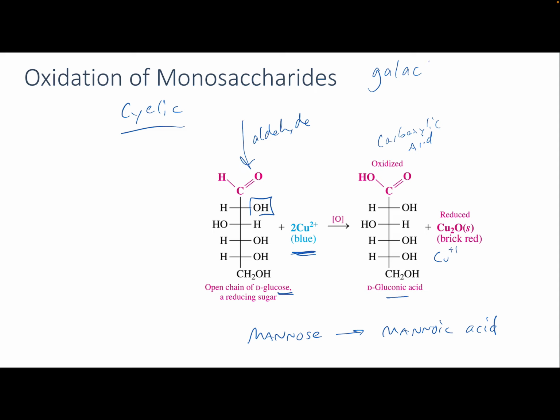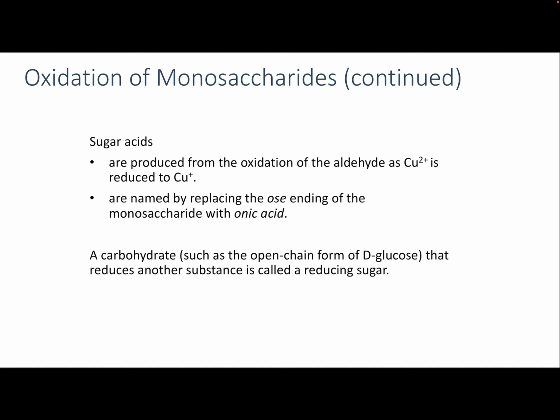Galactose, galactoic acid. Now fructose, I misspoke. Fructose can't oxidize into an acid because fructose is a ketone. So forget that I said that. But galactose definitely could. Okay. Now, carbohydrates that oxidize are called reducing sugars.